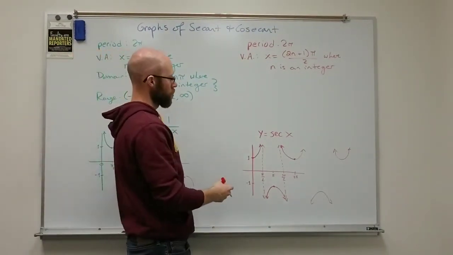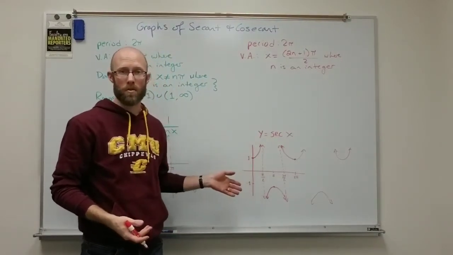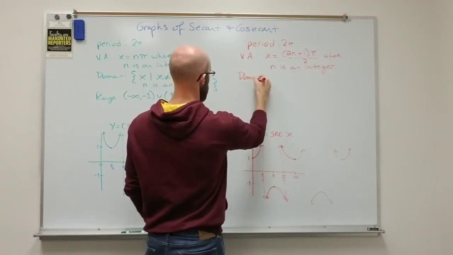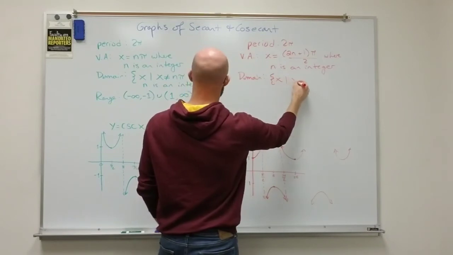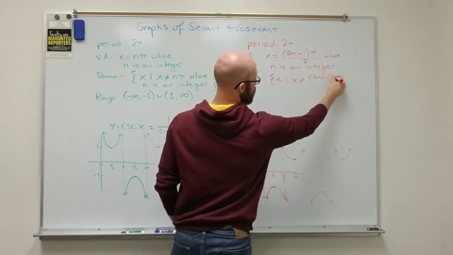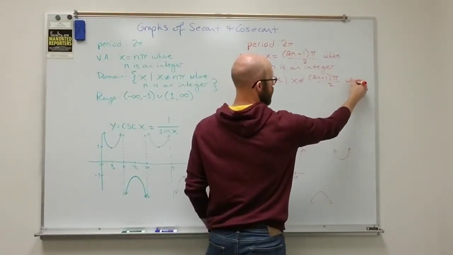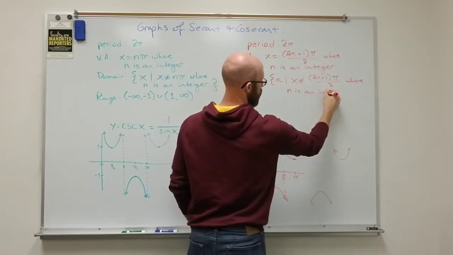The domain is going to be everything except for those vertical asymptotes, or the odd multiples of pi over 2. So the domain, again, the x values are going to be all x's such that x is not equal to an odd multiple of pi over 2, again, where n is an integer.